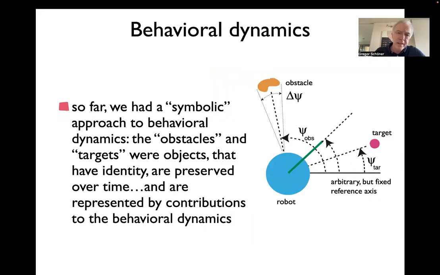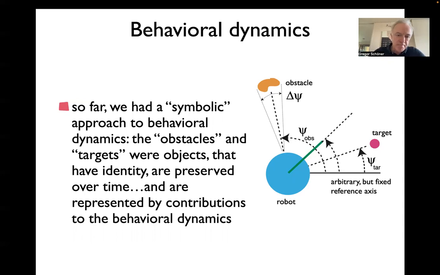And in a way, one could say that's symbolic in the sense that there is something we call a target, and there were supposed to be maybe 1, 2, or 3 obstacles, and they were really objects. You could say this is obstacle number 1, this is obstacle number 2, in the sense that they were adding contributions to the equation. And so every contribution has its identity. Next moment in time, you would again add the same contribution, maybe with updated parameter values.